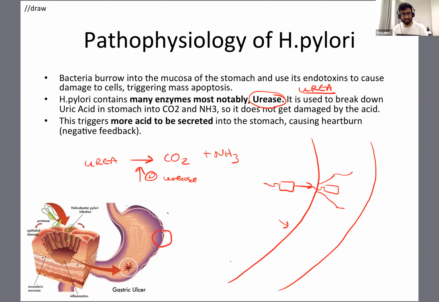NH3, you guys know, is a base. That base is going to react with hydrochloric acid and cause neutralization, which means the hydrochloric acid in your stomach, which acts to digest your food and protect you against infection, is now being switched off or neutralized so that this bacterial species can better survive.